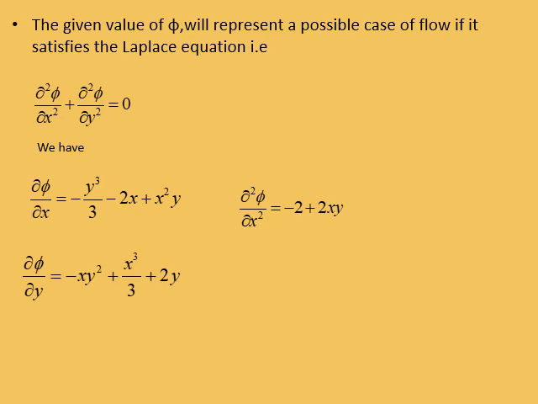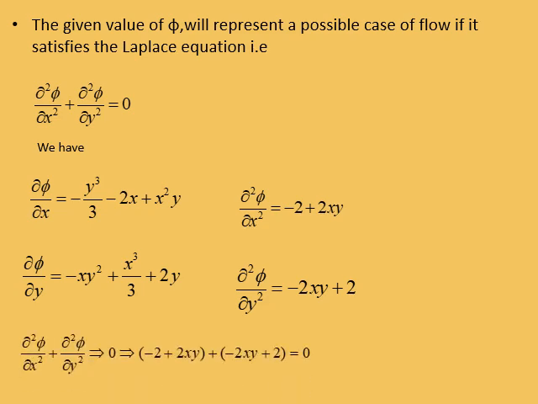Then dou phi by dou y is equal to minus xy square plus x cube by 3 plus 2y. So now differentiating once again with dou by dou y, dou square phi by dou y square is equal to minus 2xy plus 2.